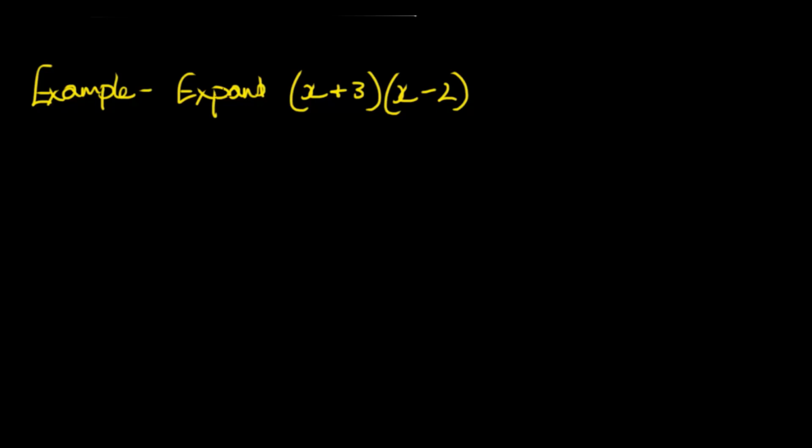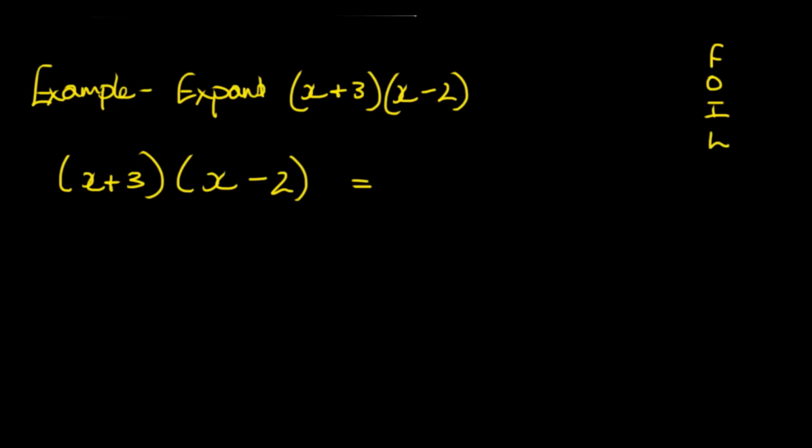Okay, so let's work it out together. Let's see what you got. So now we have x plus 3 times x minus 2. Again, to organize it, we multiply the first, the outsides, the insides, the last. So which are the first terms in this expression? x and x. So it would be x times x.